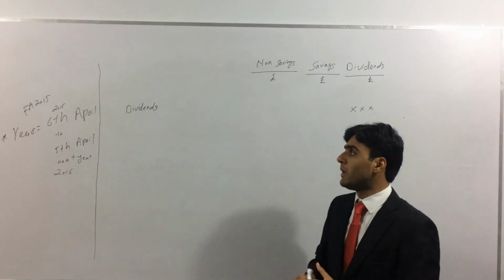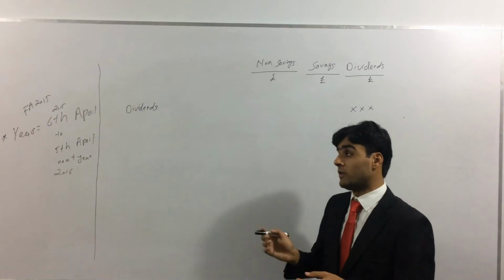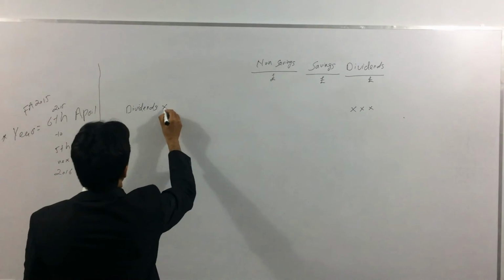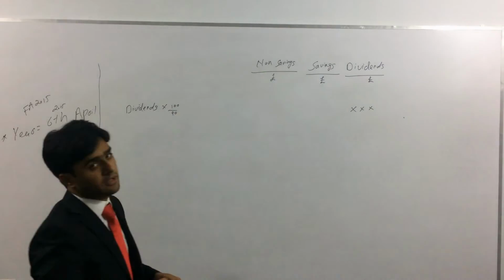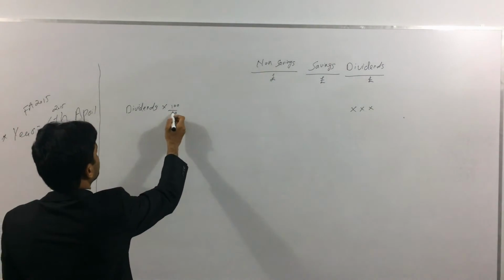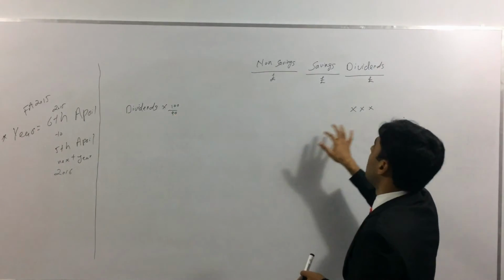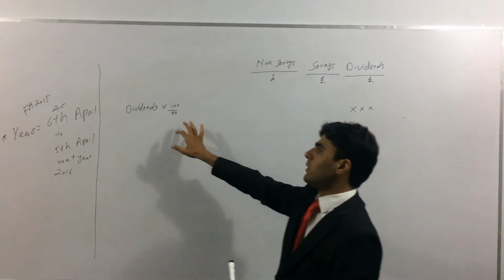So how can we gross it up? Say for example, 10% tax has been deducted from the dividends. We multiply it by 100 and divide it by 90, obviously, because 10% tax has been deducted, right? That's how the dividends work, and dividends will go into the dividends section, right? So that's always how we do it.